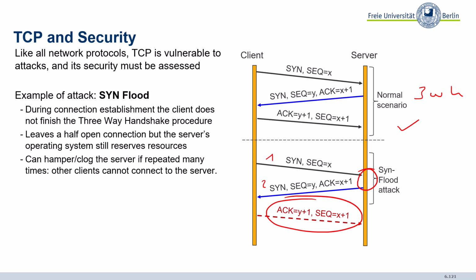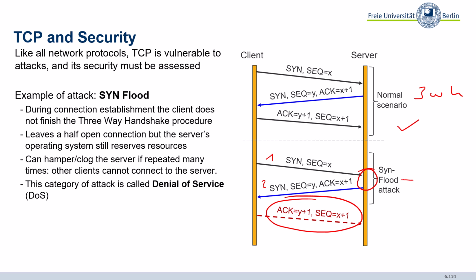And now, if you do this quite often, then the server reserves the ports already for these new connections, and after hundreds or thousands of half-open connections, the operating system simply has no additional resources. So this is a classical denial of service attack. So you can kill a server within seconds, simply because the server waits.